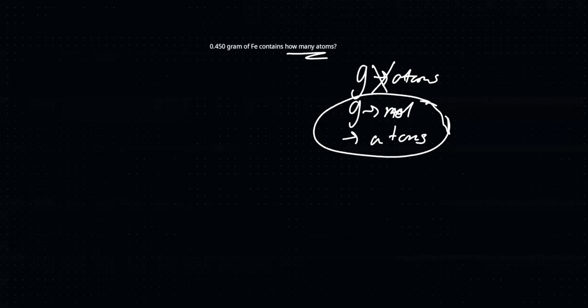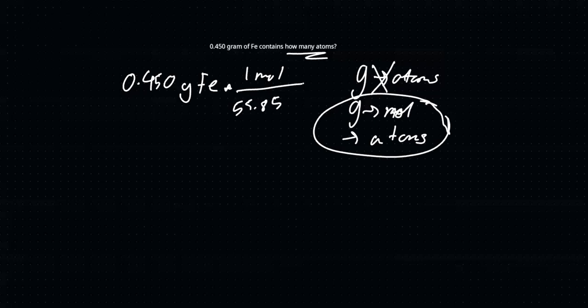Anyway, so 0.45 grams of iron. We're going to multiply this by its molar mass. 1 mole of iron weighs 55.85 grams, and 1 mole of anything will have 6.022 times 10 to the power of 23 atoms of Fe.